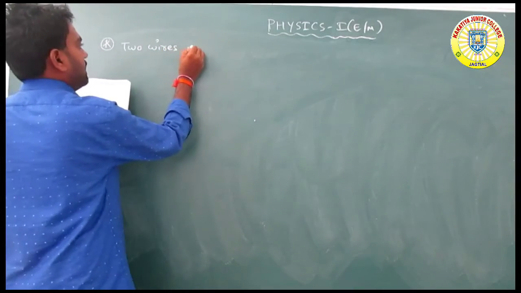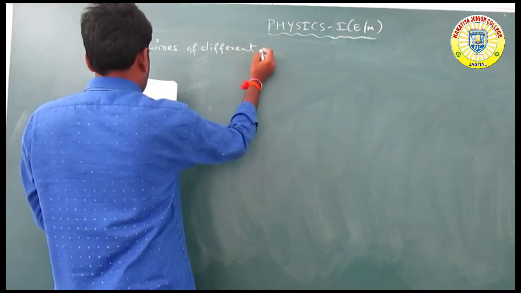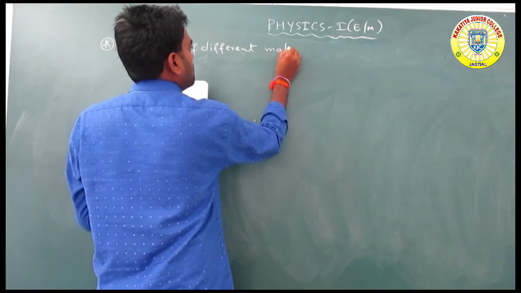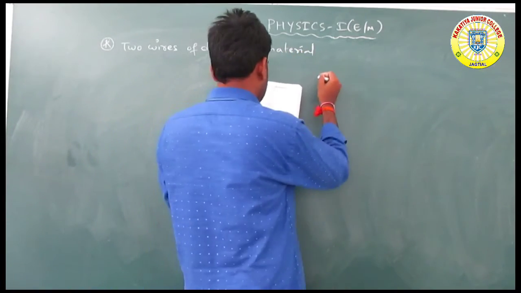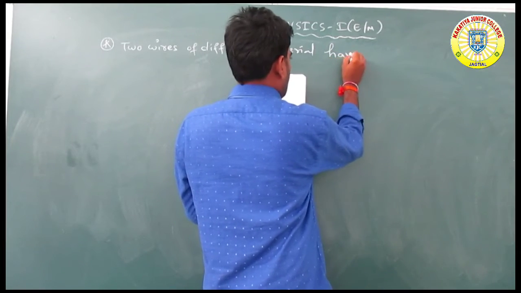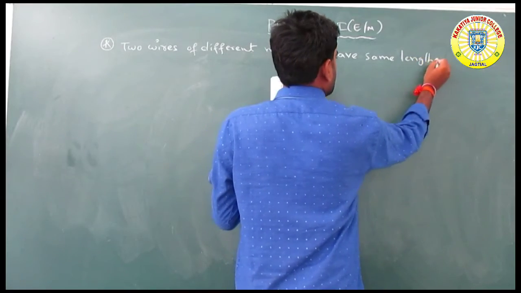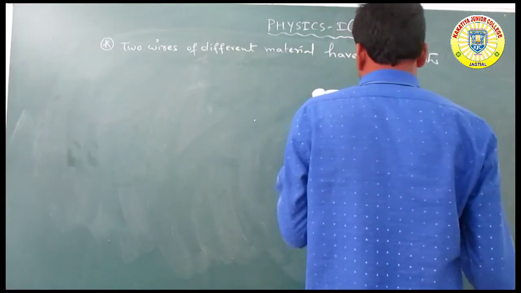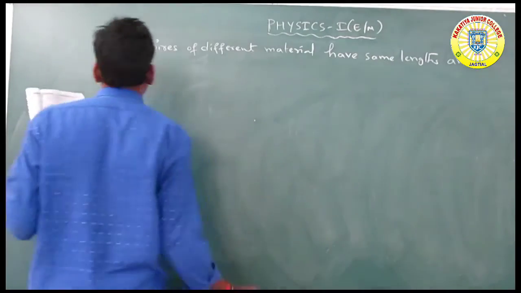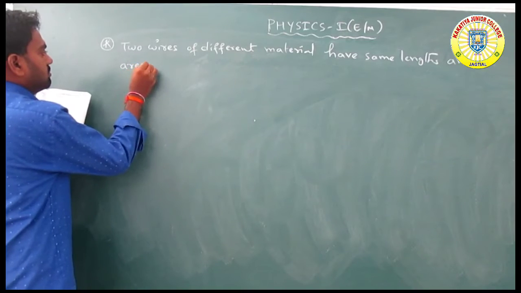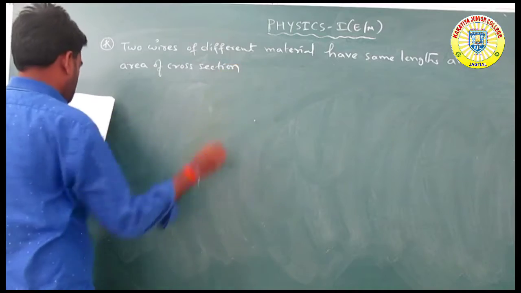Two wires of different material have the same length and the same area of cross section.